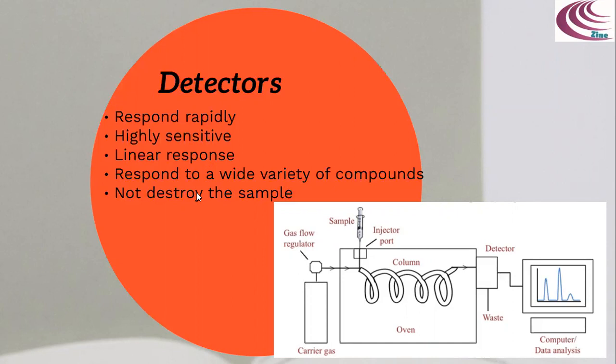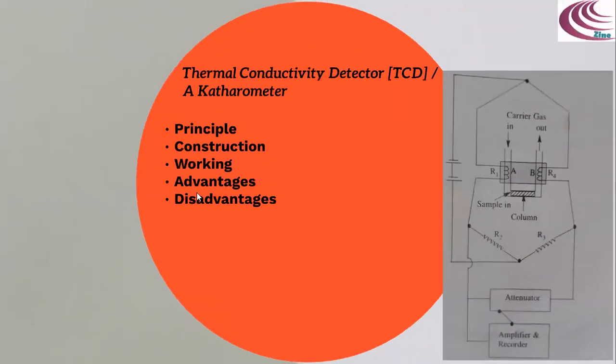No single detector satisfies all these conditions, but the most commonly used detectors in gas liquid chromatography are thermal conductivity detectors, that is a cathometer. Now we will talk about this detector in terms of principle, construction, working, advantages and disadvantages.